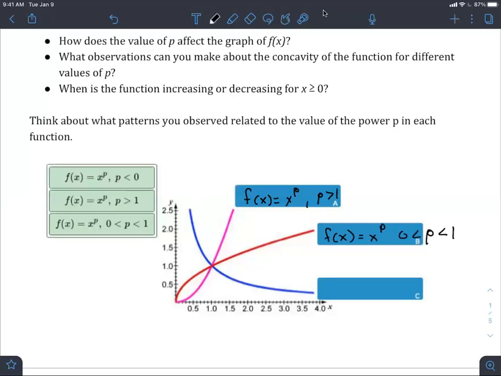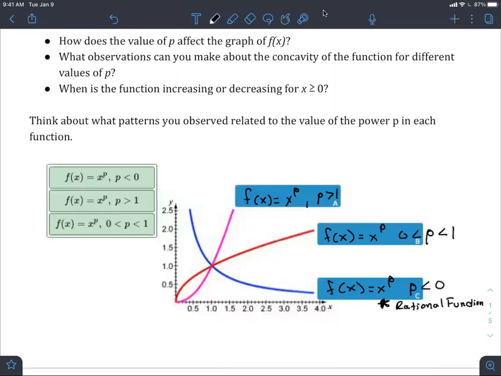The last general type of power function that we're going to see is when our p-value is less than 0, okay? When f of x follows that power function rule, but P is less than 0. This is a little bit special because these are the ones that are more or less the rational functions, okay?